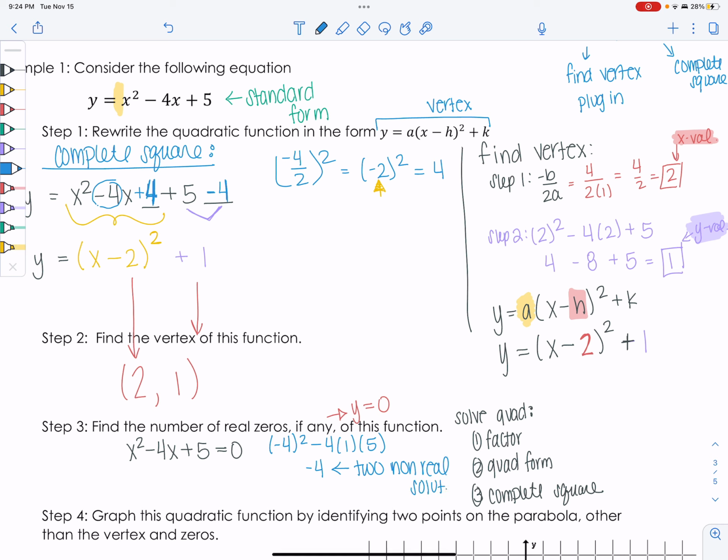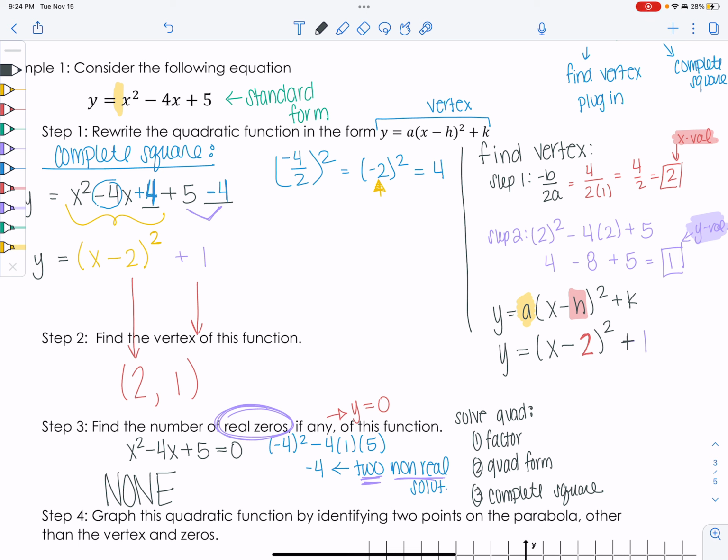And so I can stop right there because the question said find the number of real zeros. And this just told me I get 2 non-real solutions. So the number of real zeros I'm going to get is none, because my 2 solutions are both non-real.